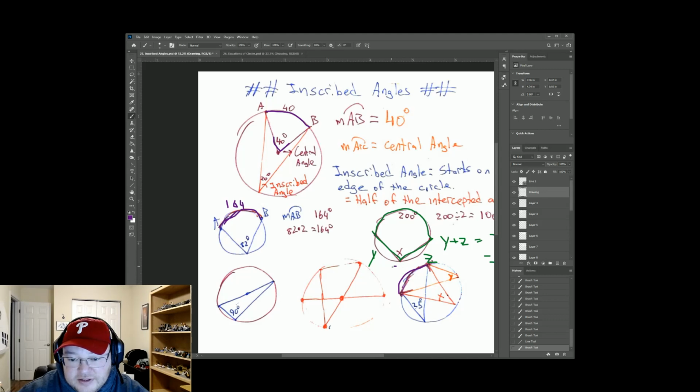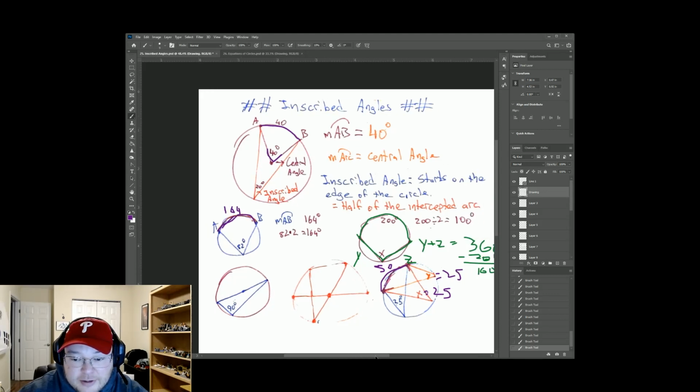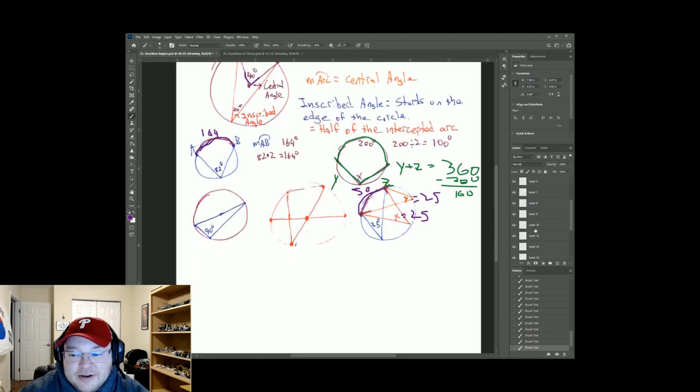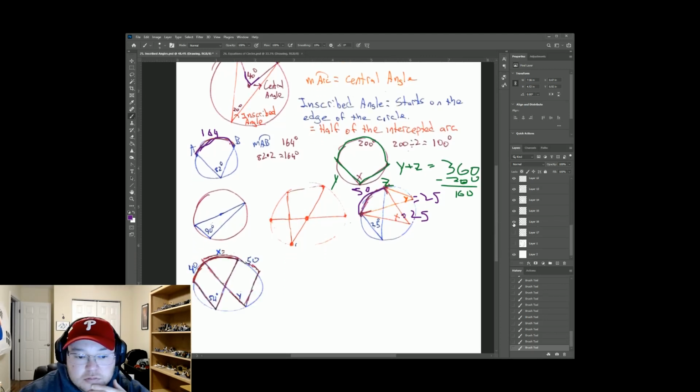So this is 50. But if you see, X is touching the same arc, and Y is actually touching the exact same arc. So if they're touching the same arc, this is why I kept saying 25, they're the same thing, right? Which makes sense because they're touching the same arc, so they have to be the same thing because they're half of the same number. Okay.